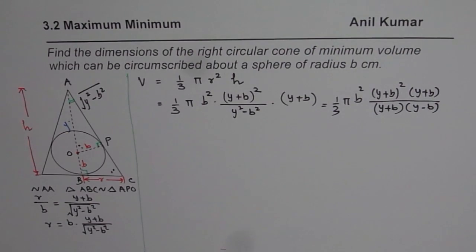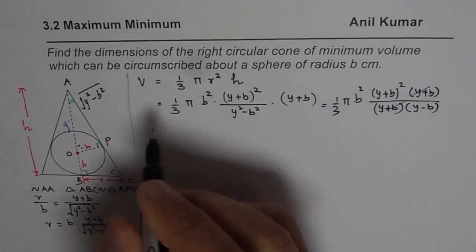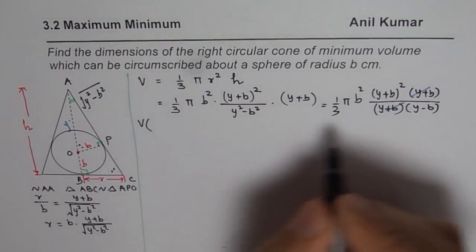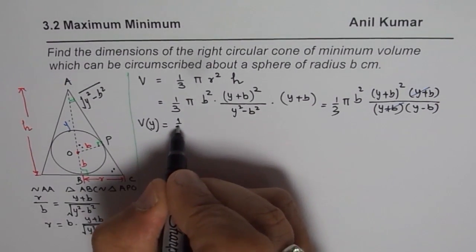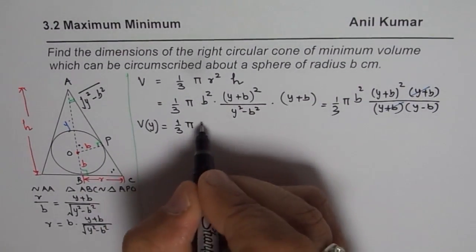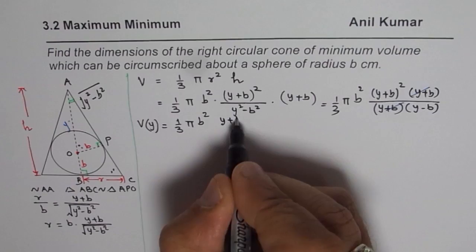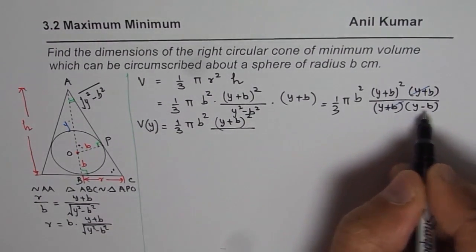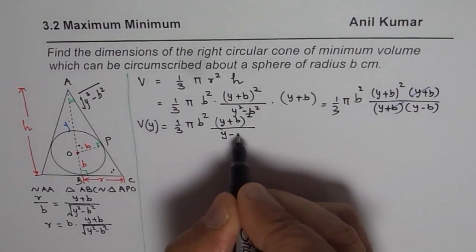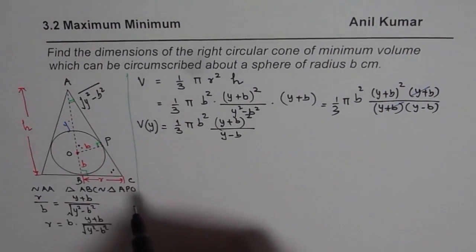So from here, one of the y plus b factors can be cancelled. So what we have, V as a function of y, can be written as 1 over 3 pi b square, y plus b whole square divided by y minus b. So that becomes the expression for the volume of the cone.